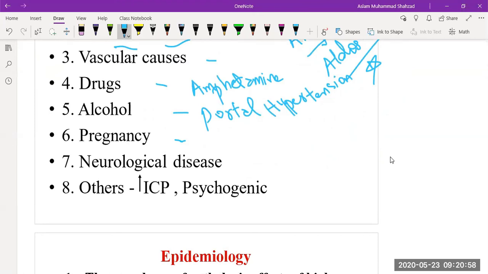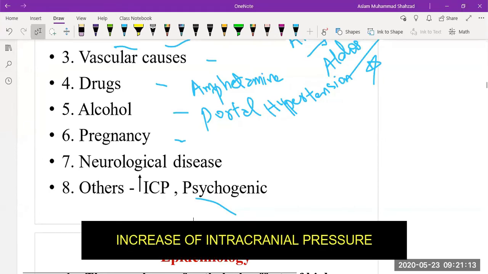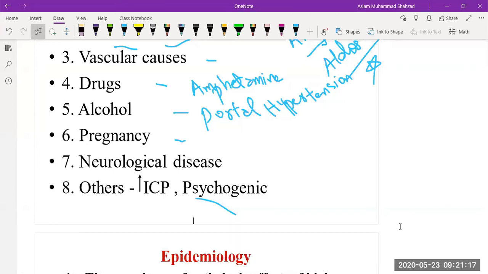The other reasons could be psychogenic reasons or an increase of ICP. What is meant by ICP? ICP stands for intracranial pressure. So an increase of intracranial pressure can also lead to hypertension.